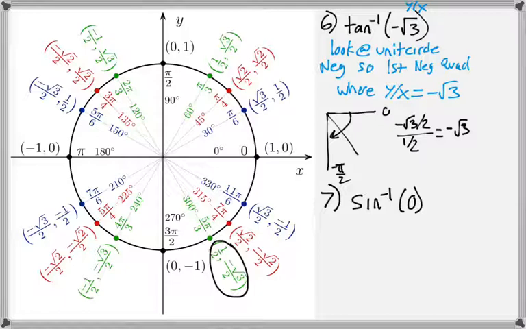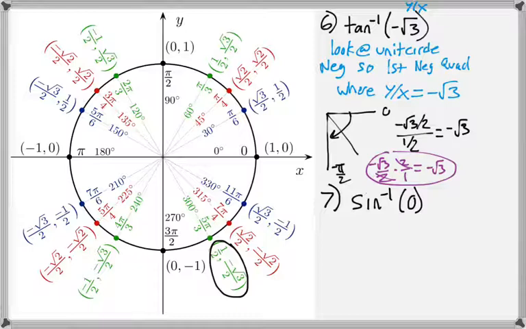So that would look like, I don't have much room here, you would have negative square root of 3 over 2 divided by 1/2, which is the same thing as multiplying by 2 over 1, and those would cancel out and get you that.